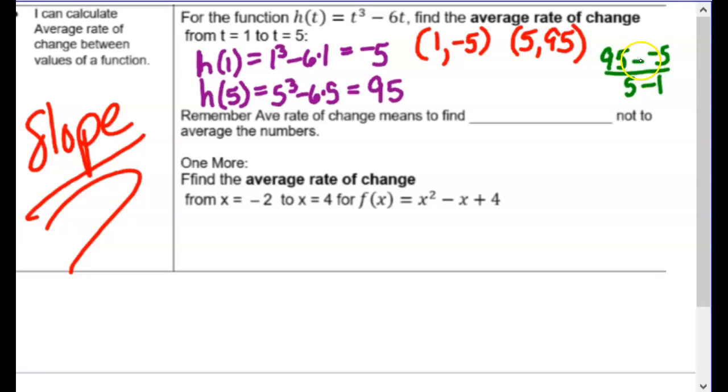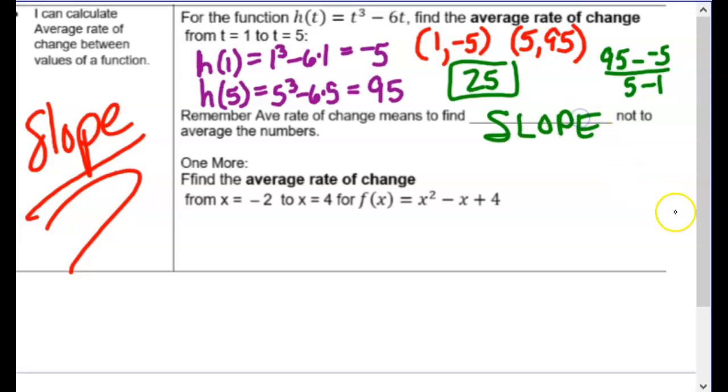I think is 100 over 4, isn't it? So the slope, 25, is the average rate of change for that question. It can be positive, it can be negative, it can be a little fraction, it can be a huge number. Average rate of change really means slope, which is what that blank was for right there.